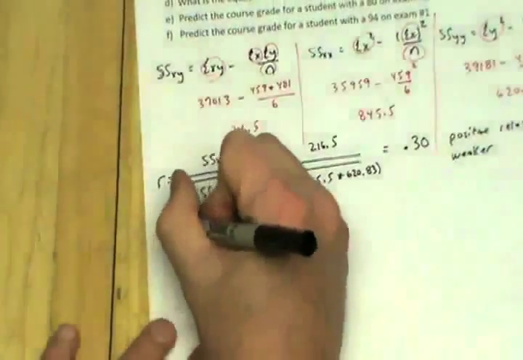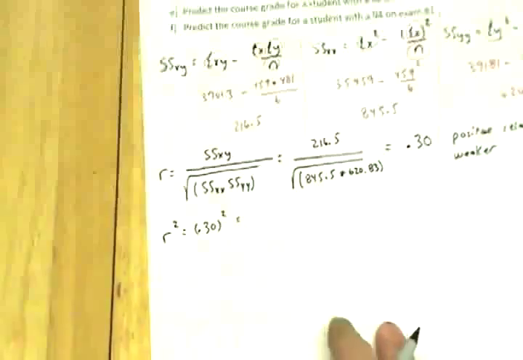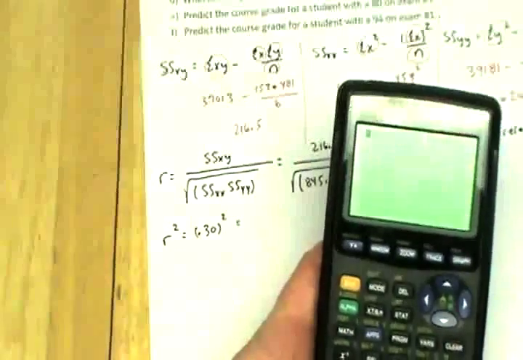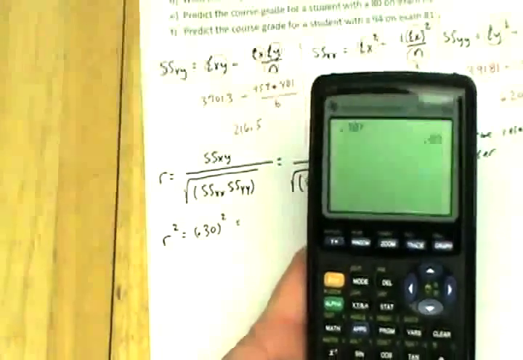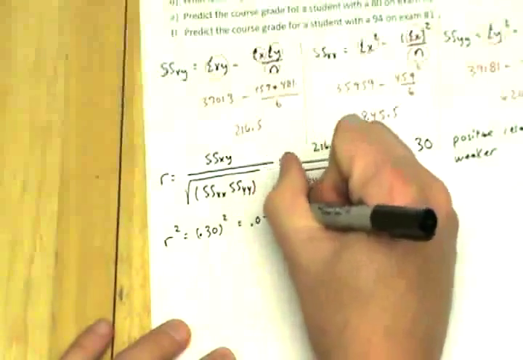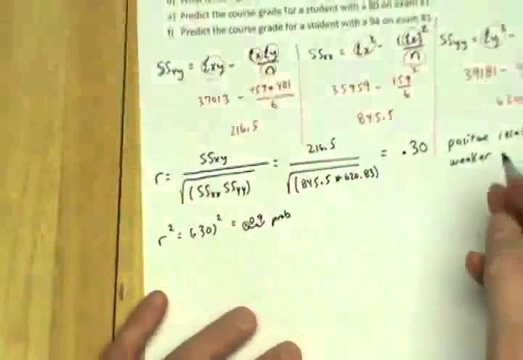We would like to find what r squared is. So we're going to take 0.30 and we're going to square it. 0.30 squared is 0.09. That again is the probability. We're going to move that over 2. We're going to get back 9.